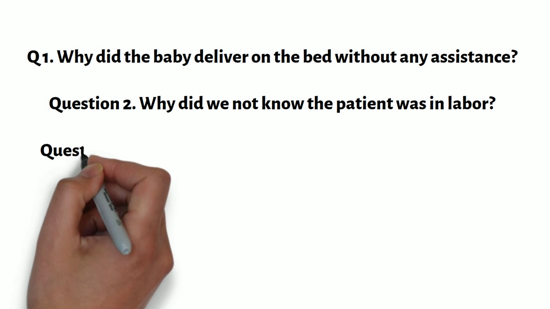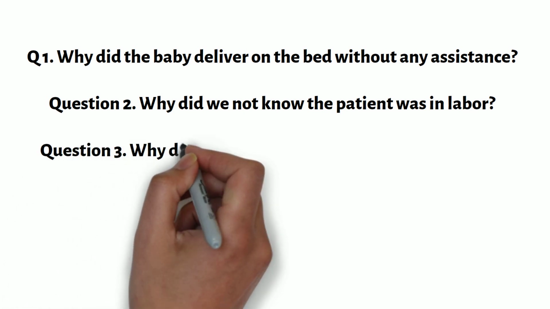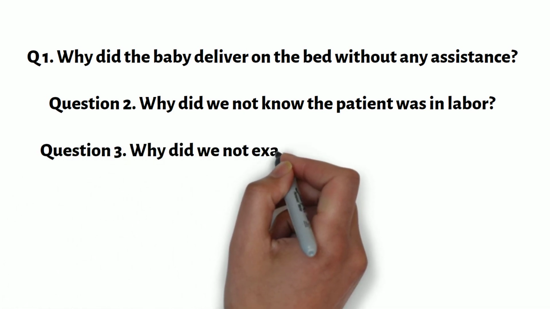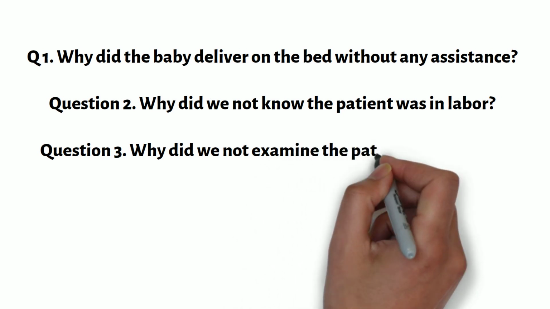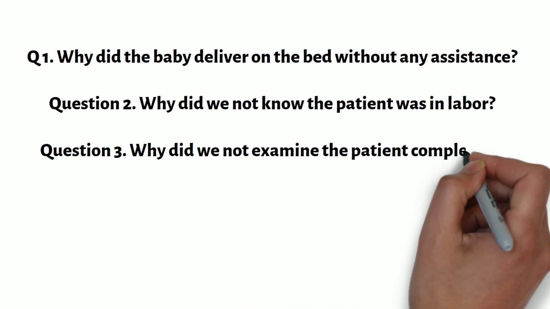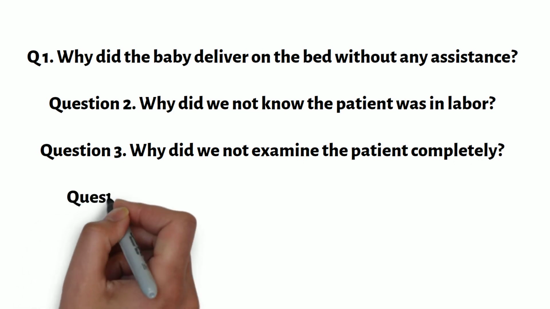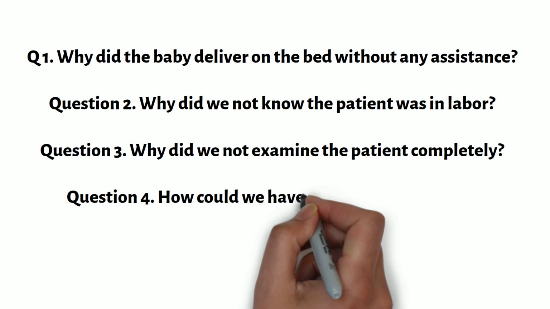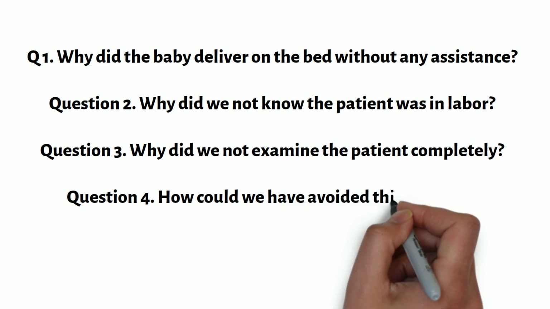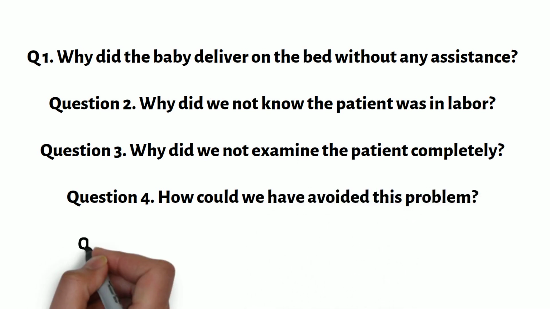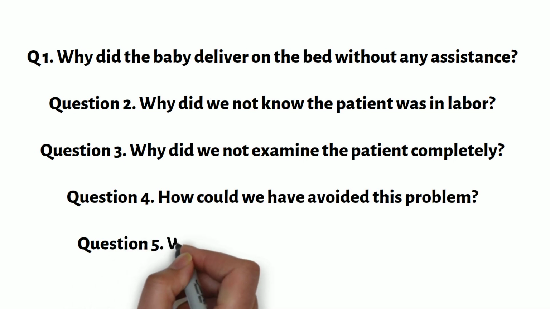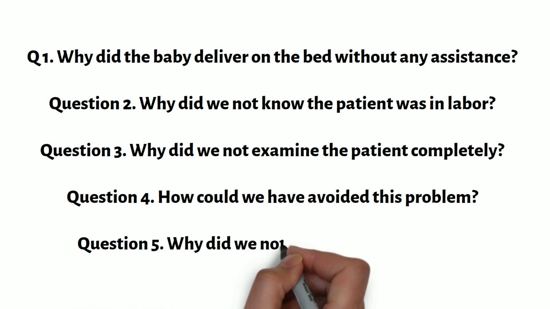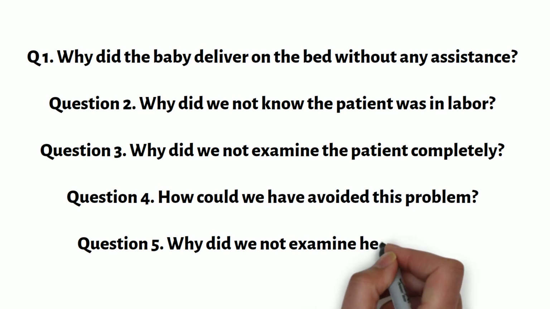The last and the fifth question is, why did we not examine her vaginally when we did her patient assessment? And the answer is, because we don't have a policy about how patients are to be assessed if they come to the labor room.